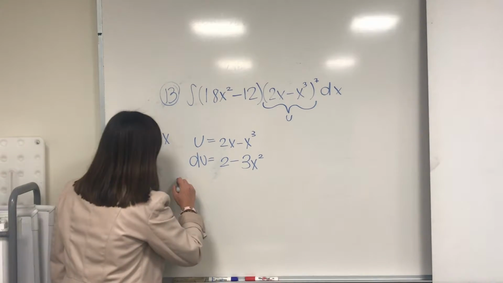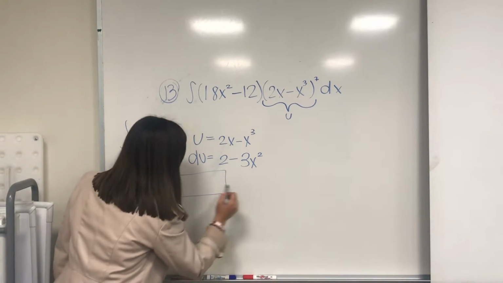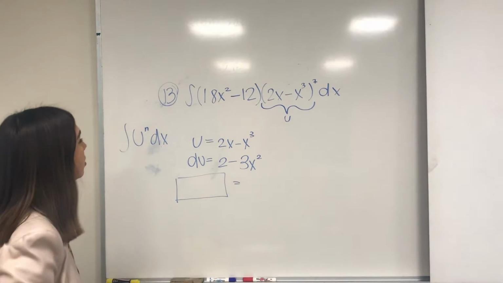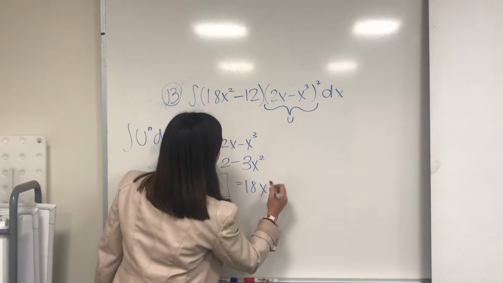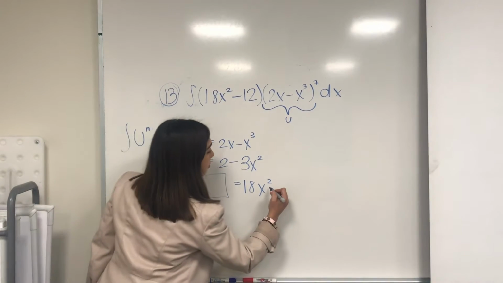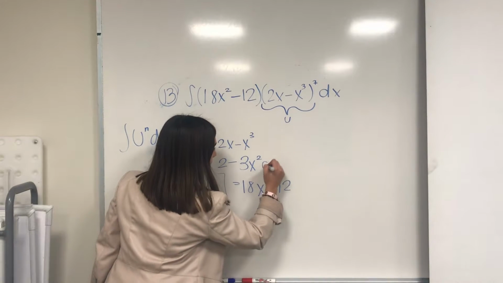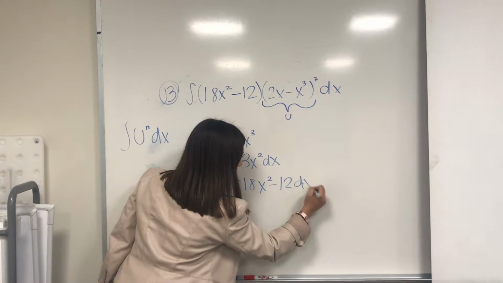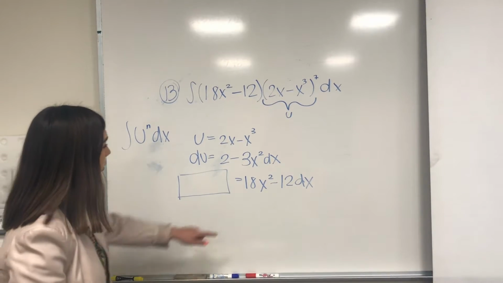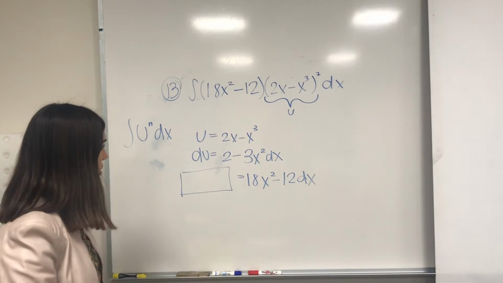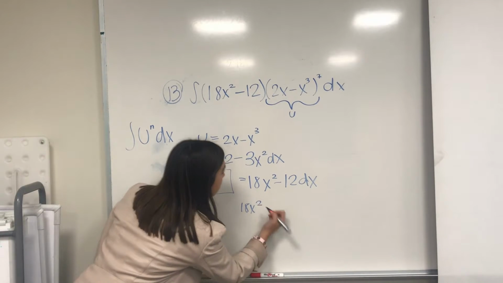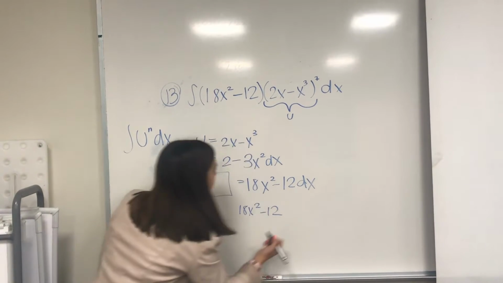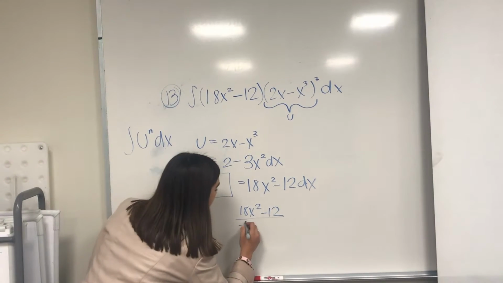After this, we need to find what we want. The leftover is 18x squared minus 12 dx over 2 minus 3x squared. We will cancel this over this, which will be 18x squared minus 12 over 30.